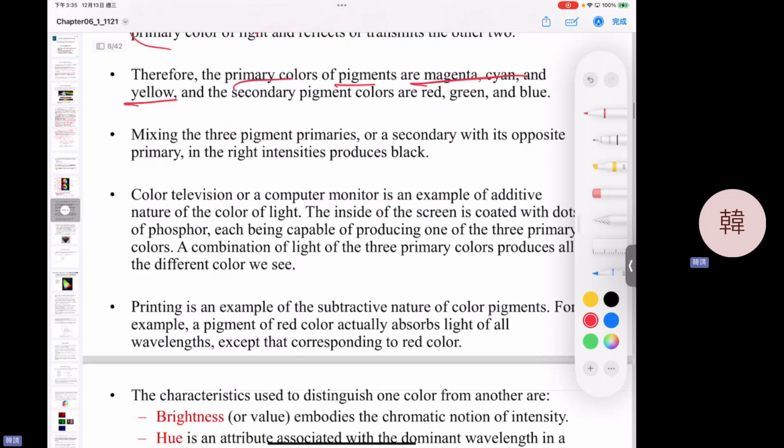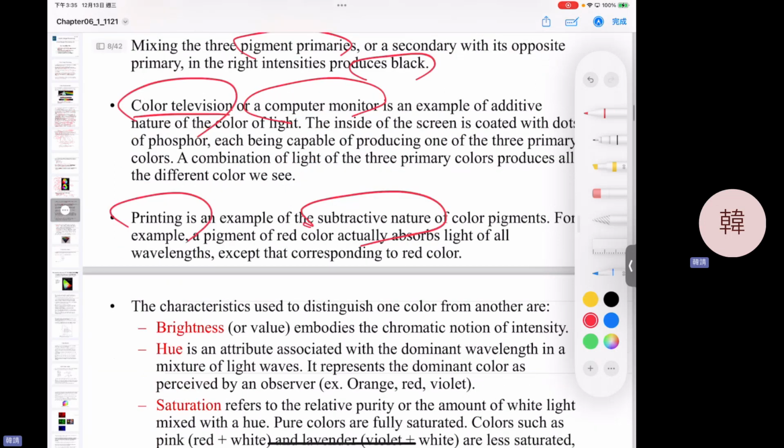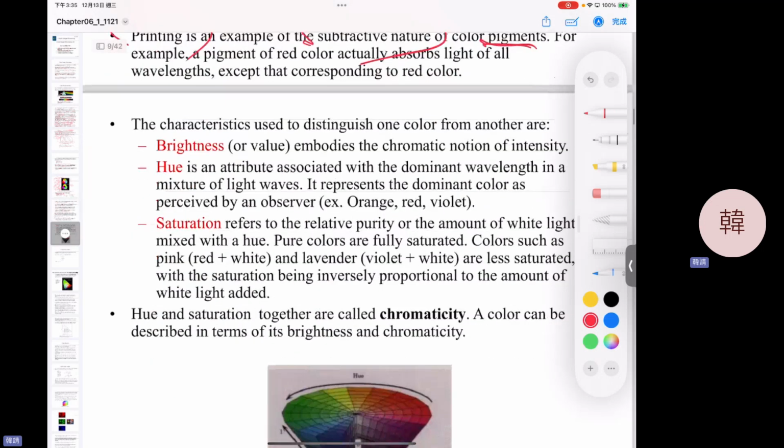Mixing all these pigments will get black in the subtractive system. The normal light you use, like television with a lot of LEDs, just emits light and combines different colors for you. The other one, for printing, is for the pigment, the subtractive nature of color. So these are two examples of how to use the different color systems.